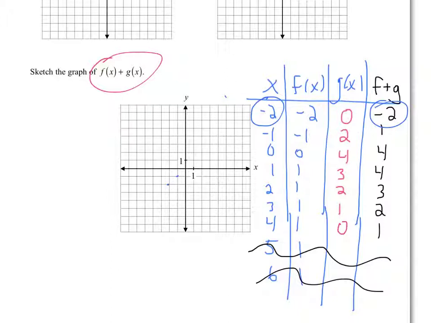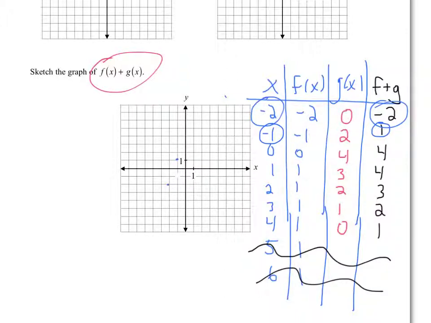Sorry, my mistake there. -2, -2. Our second point is -1, +1. So we'll put that right here approximately.